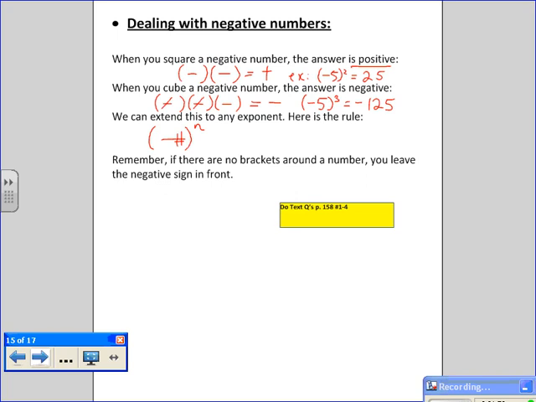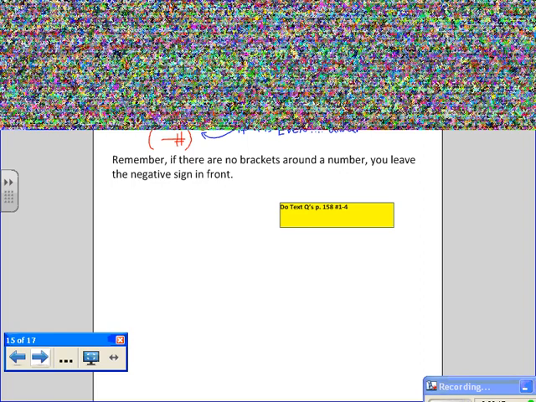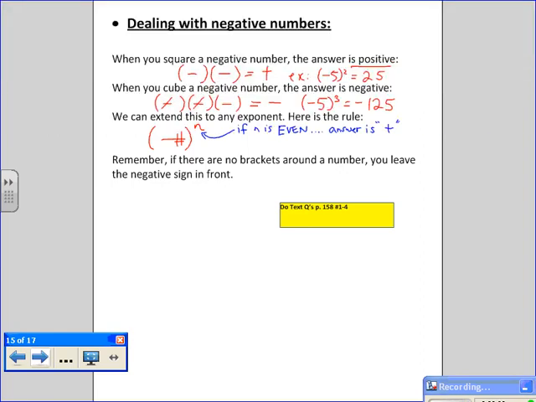If n is even, so in other words, it's equal to 2, 4, 6, 8, 10, the answer will be positive, because a negative multiplied by a negative any number of times, if it's an even number of times, I will always get a positive answer.